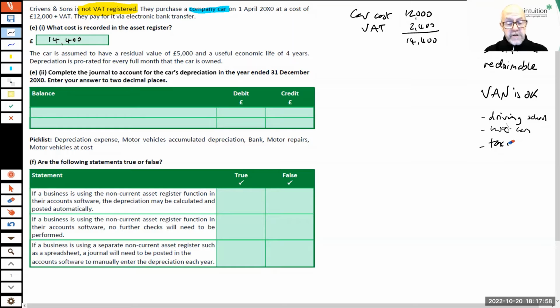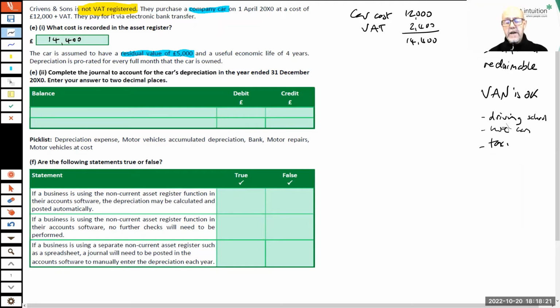Now, the car is assumed to have a residual value of £5,000. That's a big hint that we're going to use straight line depreciation, because interestingly, the question doesn't actually tell us that. Oh, this is mean. Right.